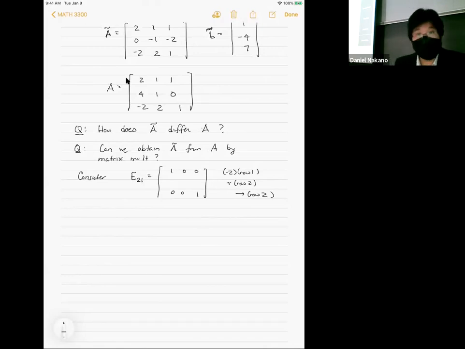Okay? So when you matrix multiply, if I put a -2 here, that part's going to multiply the first row by -2, and then I'm going to add it to the second row, and then it's going to put it in the second row.